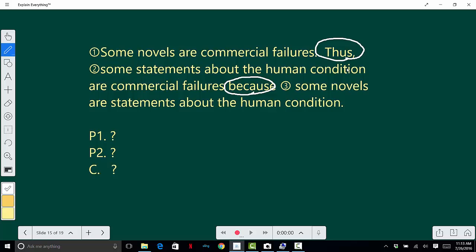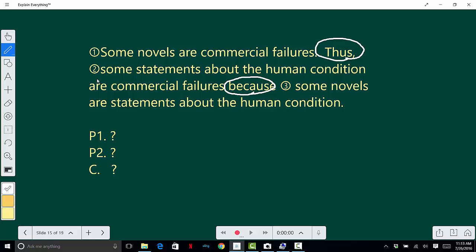It suggests a couple of things, really. It suggests that 2 is a conclusion, since it follows the indicator. But it also suggests that this was the reason, at least part of the reason, for thinking that statement 2 is true. Which means 1 is a premise, 2 is a conclusion, and we get even more support for that once we get to because.